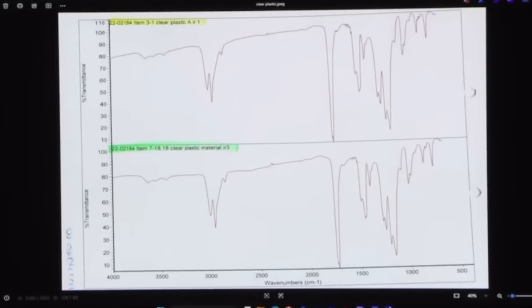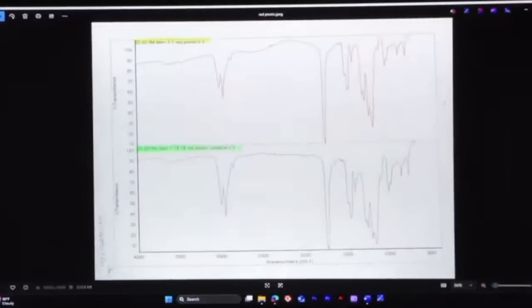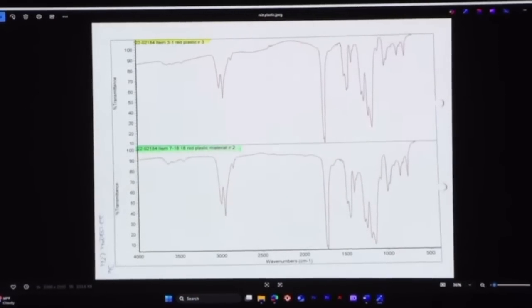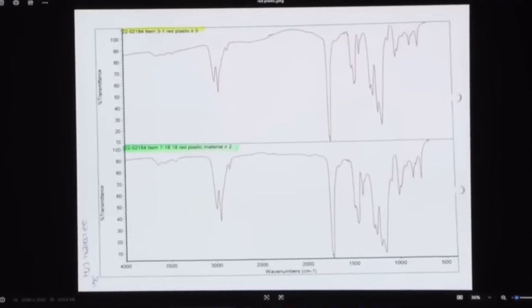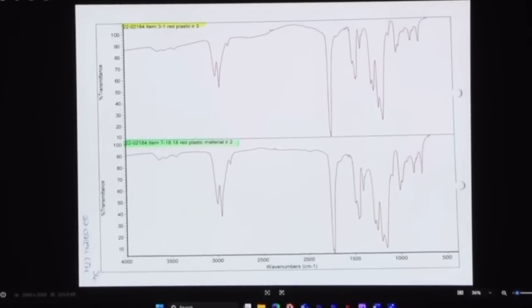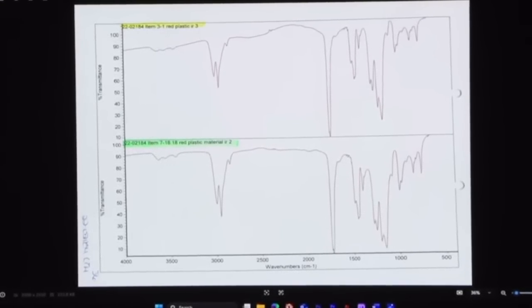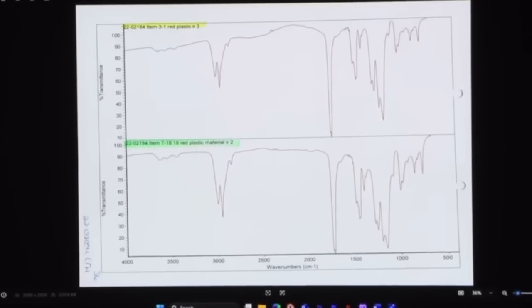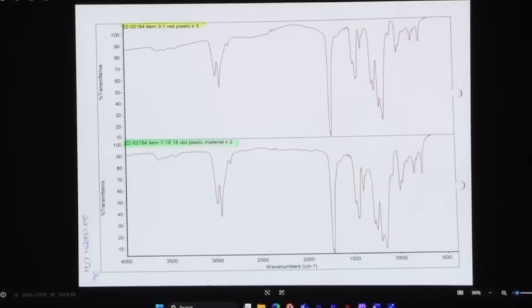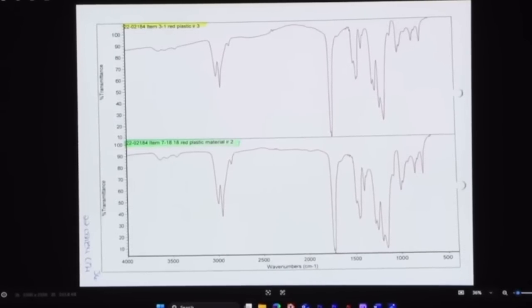And if I could turn your attention to the red plastic material from the debris from Mr. O'Keefe's clothing and the red plastic from the passenger side taillight of the defendant's vehicle, what did you conclude in your analysis there? So upon comparison, the red plastic from 7-18.18 was found to be consistent in color, microscopic appearance, and instrumental properties with the red plastic from item 3-1.